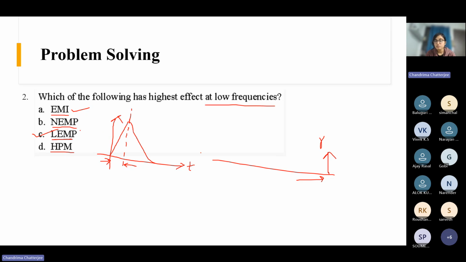Lightning comes at lower frequencies, but that doesn't define its effect, how much catastrophe it can cause. This only defines the frequency spectrum. At low frequencies means it is situated at the lower frequency spectrum, towards the radio. You can understand what I am trying to say.